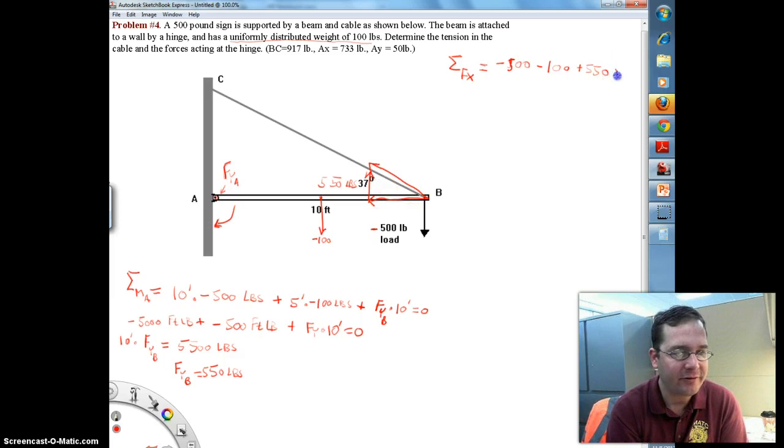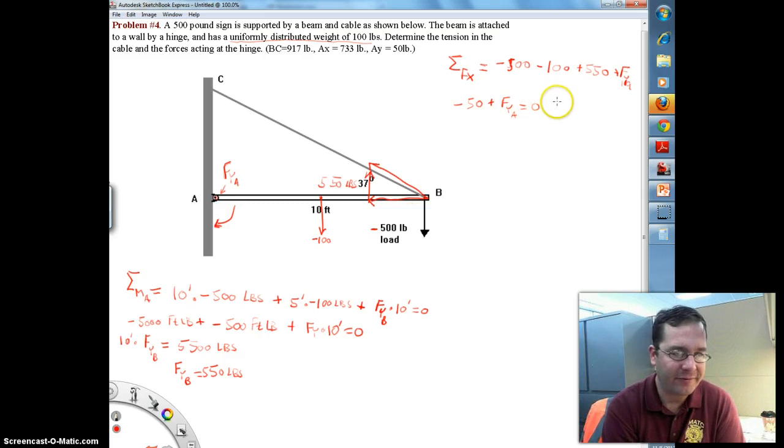So plus force in the y direction at A. What do all these have to add to? They all have to add to 0. So if we think about negative 600 plus 550 is negative 50, plus the force in the y direction at point A equals 0.